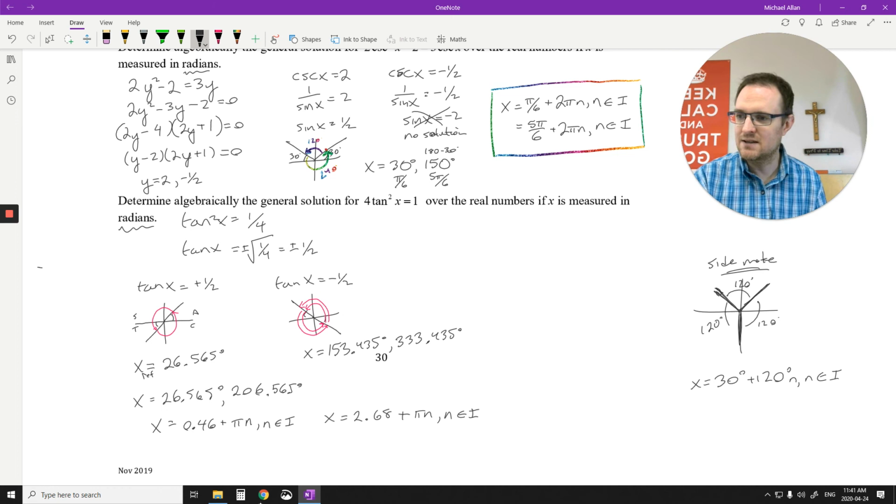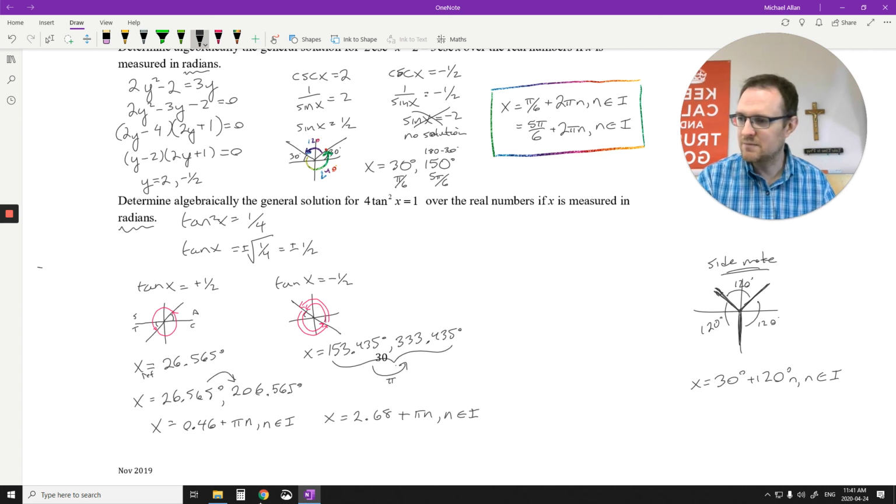So again, we can condense these two down because there's a pattern between them. It's plus pi each time. And the pattern between these is going to be plus pi each time as well. So going back and forth between them. So there we go.